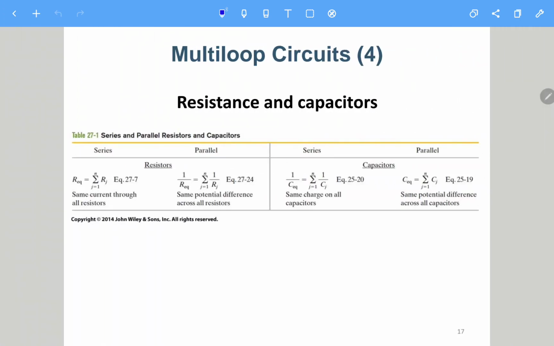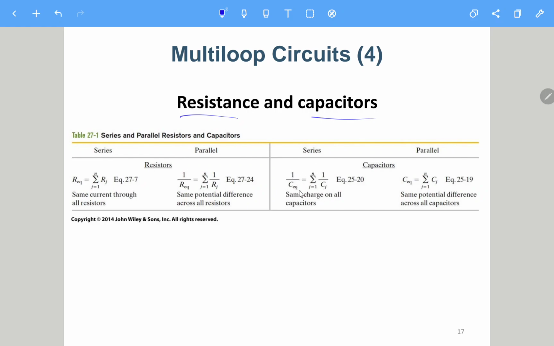So here is a quick summary for the resistance and capacitance. For resistance, if we have series resistance, we just add them together. If we have parallel resistance, we take the reciprocal, then take the sum, and then take the reciprocal again. But for the capacitor, it is the other way around. If we have series capacitance, we need to take the reciprocal, then take the sum, and then take the reciprocal again.